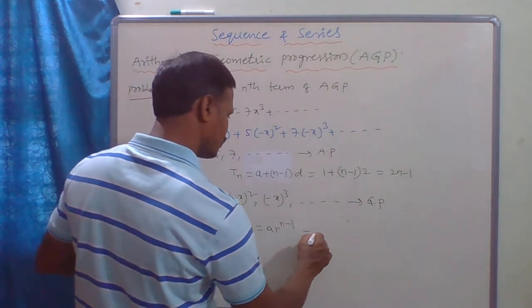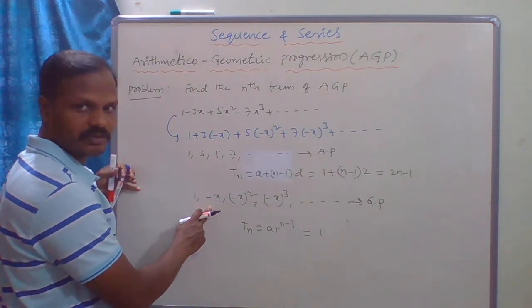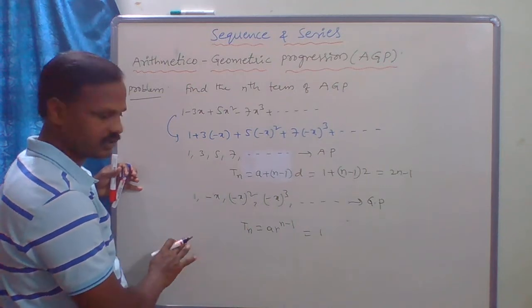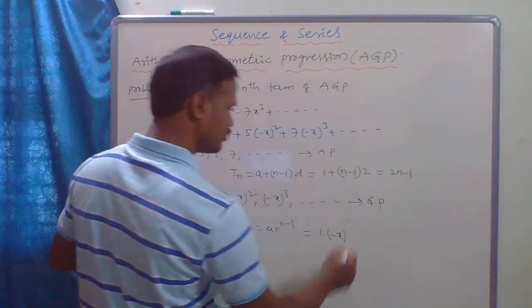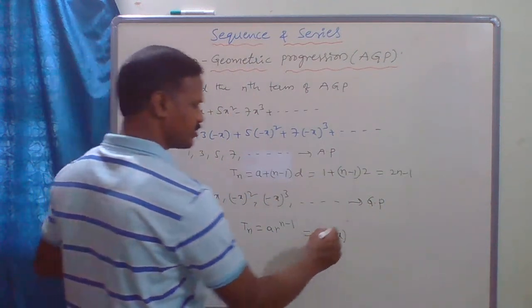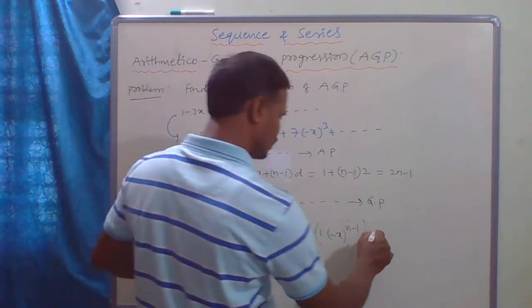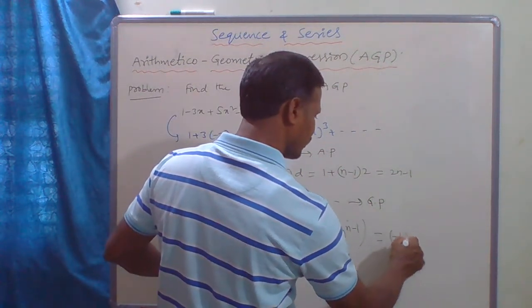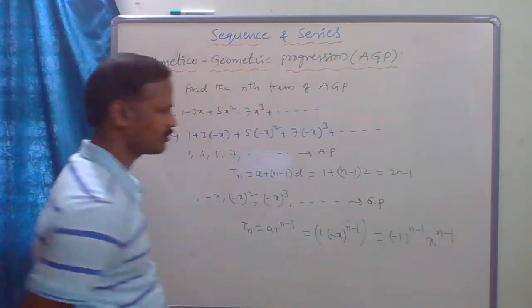A is 1. What is R? R is the ratio of the second term and the first term, that is minus x by 1, which is minus x. So it is minus x power n minus 1, which equals minus 1 power n minus 1 x power n minus 1.